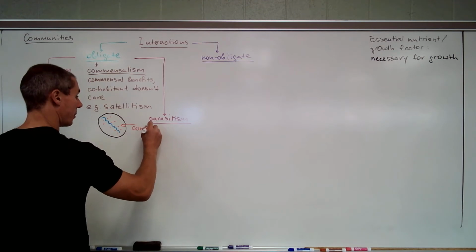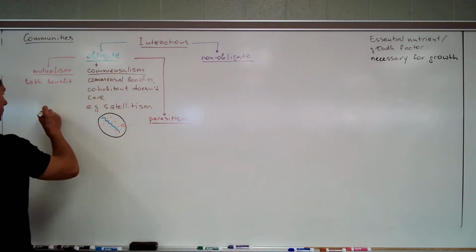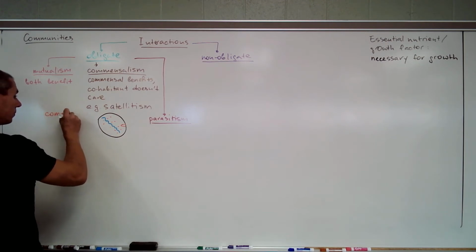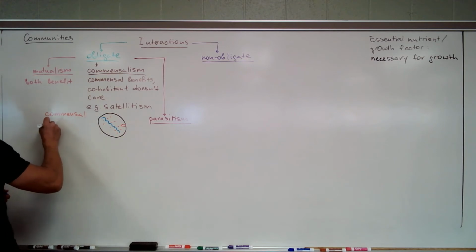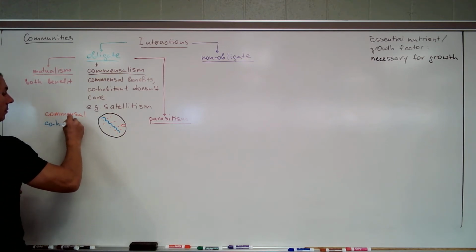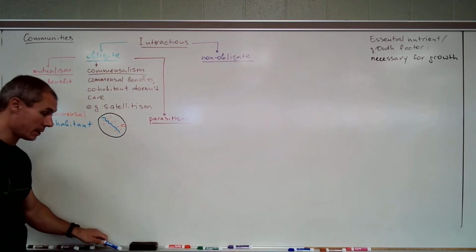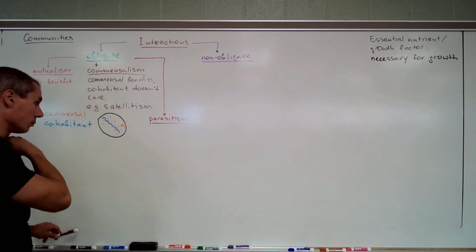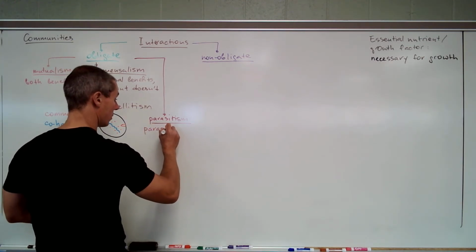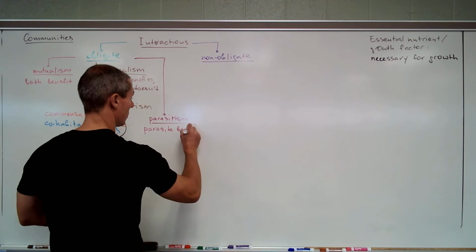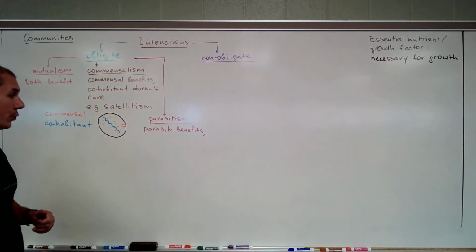So red is commensal. And blue is cohabitant. Okay, now parasitism. Obviously, parasite benefits at the expense of the host.